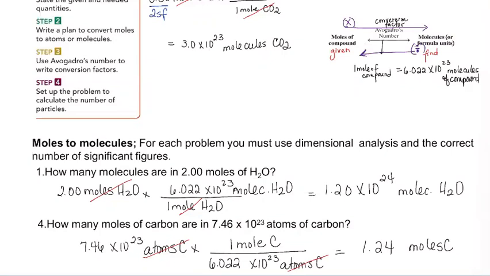Now, depending on the calculator that you will be using this semester, please be careful when you're entering Avogadro's number, especially if you are doing a division. Because the issue is that if you don't put Avogadro's number in parentheses, your calculator may give you an exponent like -46 or -47.